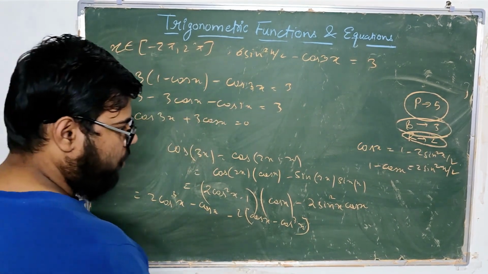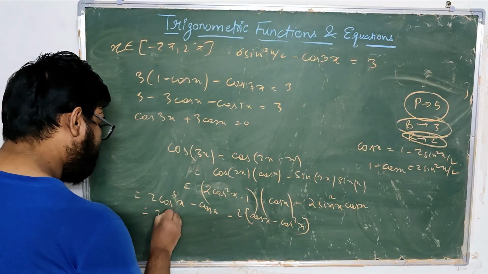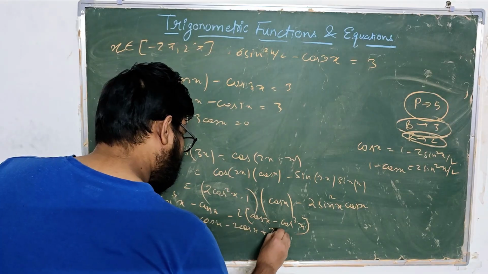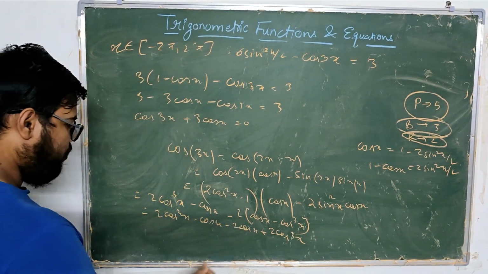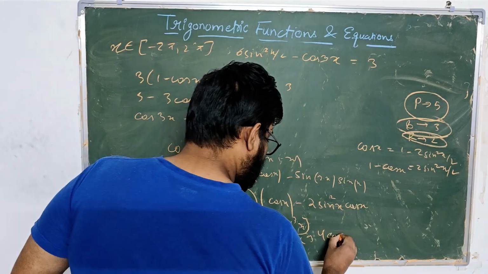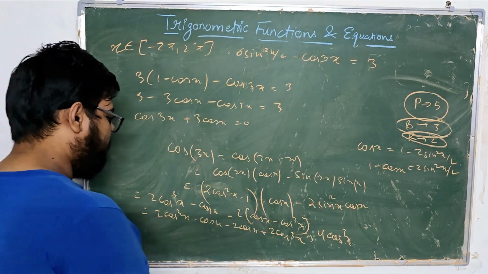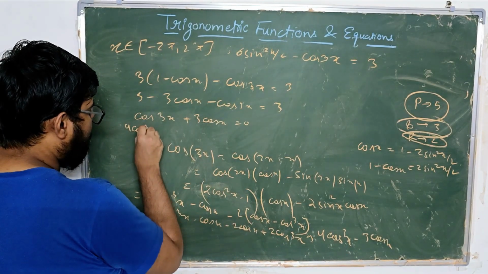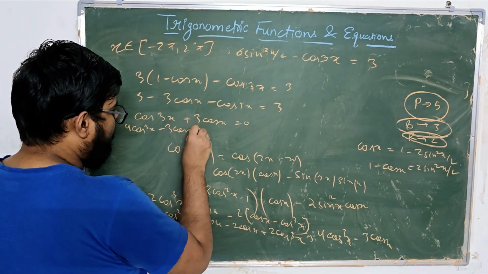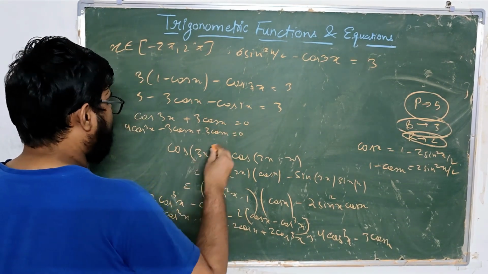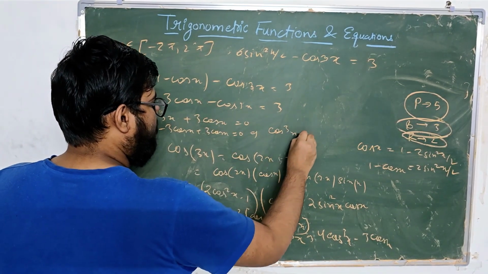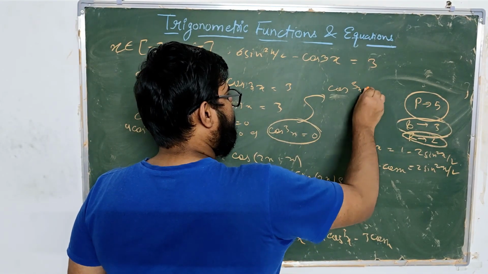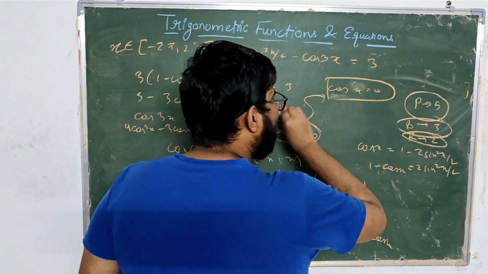We have this expression, right? Okay, so we have 2 cos cube x minus cos x minus 2 cos x plus 2 cos cube x, correct? So we will have 4 cos cube x minus 3 cos x, right? So simplify this. 4 cos cube x minus 3 cos x plus 3 cos x is equal to 0. So we have cos cube x is equal to 0. So from here we get cos x is equal to 0, correct?